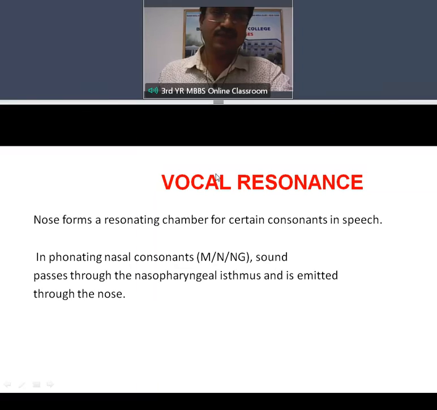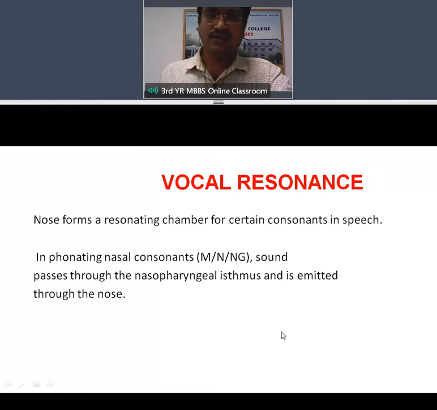Vocal resonance. The nose forms a resonating chamber for certain consonants in speech. So in phonetics, nasal consonants like M, N, NG sounds pass through the nasopharyngeal isthmus. This is nothing but the connection between the oropharynx and the nasopharynx, and the sound is emitted through the nose.